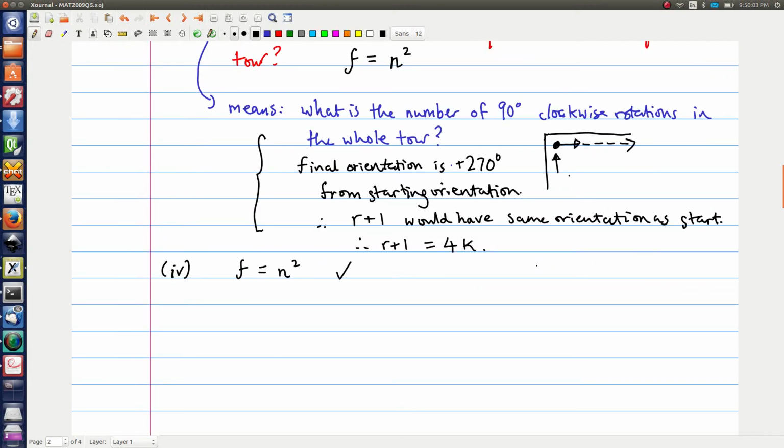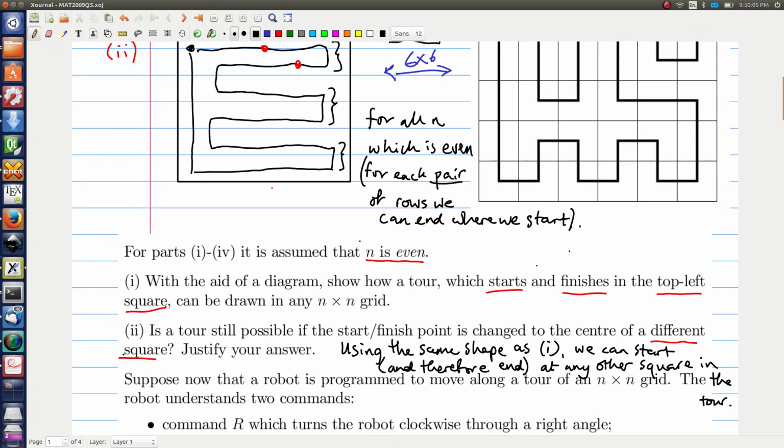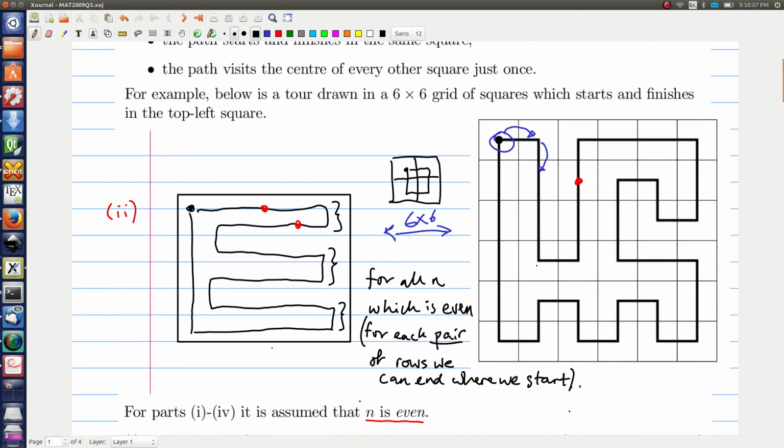Let's take an example. Let's go back to our earliest thinking here. We saw that a tour could be made to be valid, such as this tour here, starting at any particular square. We could start here, we could start here, as I indicated before, or here. Now let's suppose we started here. It could mean our initial orientation was, let's say, eastwards.